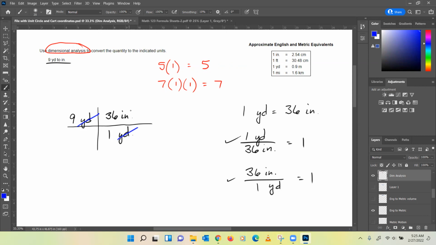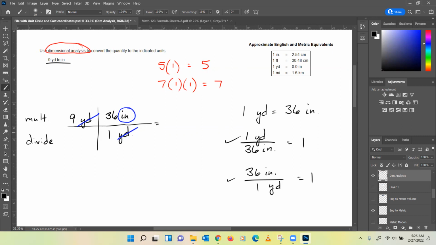And now that those are canceled, I'm left with just inches on the top, which is exactly what I needed for my answer. And so if I use the right version of 1, units will cancel, and I will now know whether I need to multiply or divide, because I multiply by all of the numbers on the top and I divide by all of the numbers on the bottom, and it will give me the answer.